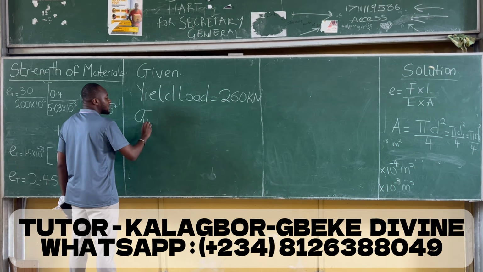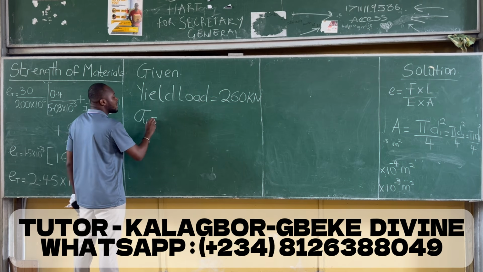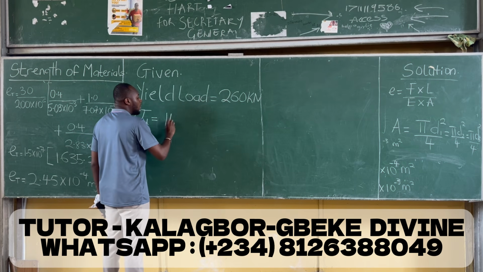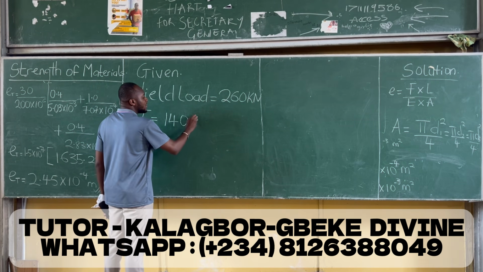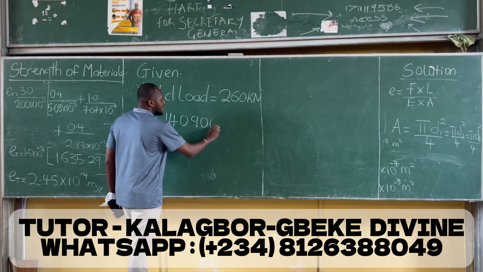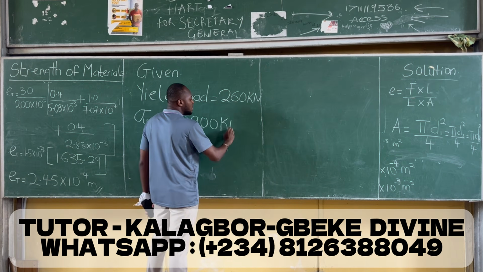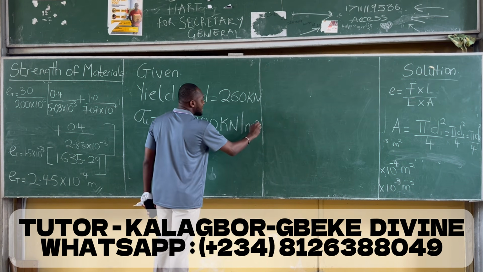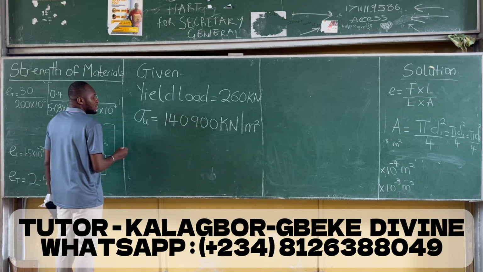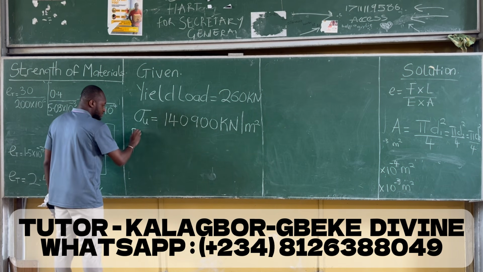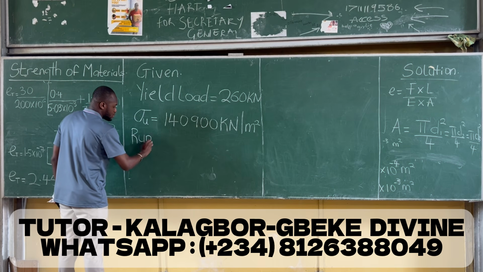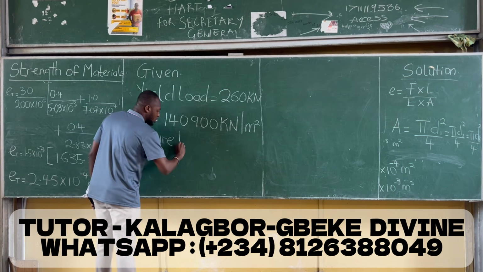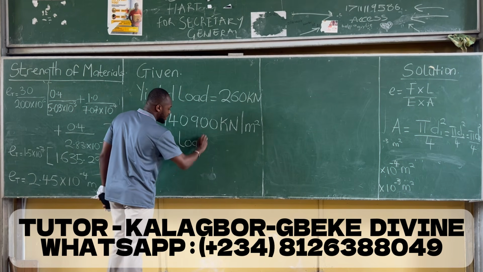So sigma u is the ultimate stress, right? Equals 140,900 kilonewton per meter square, because it's a stress. Okay. The rupture load is 210 kilonewton.